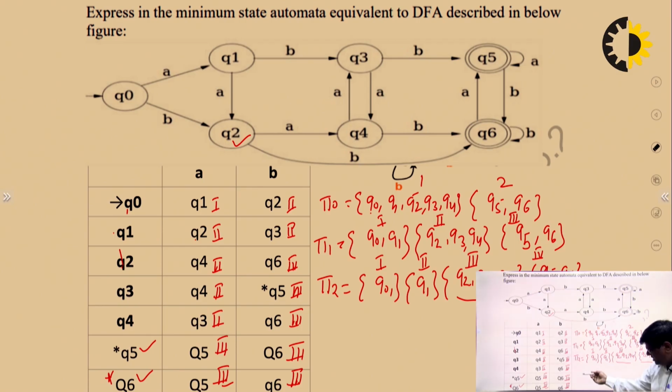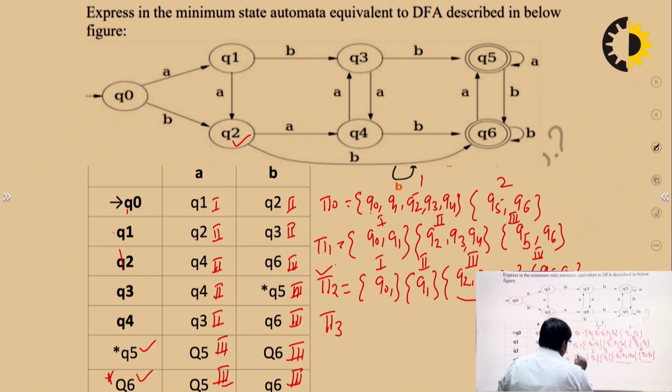If this next state is known as pi 3, if pi 2 and pi 3 are the same, then pi 3 is your final answer. Okay. Now, these three states are minimized into a single state.